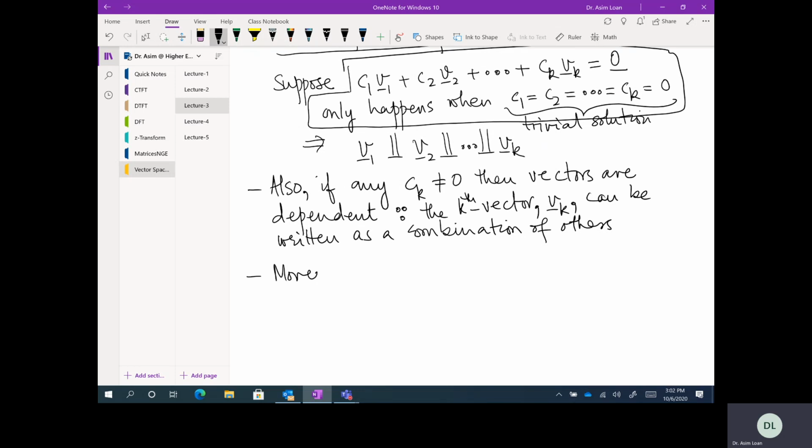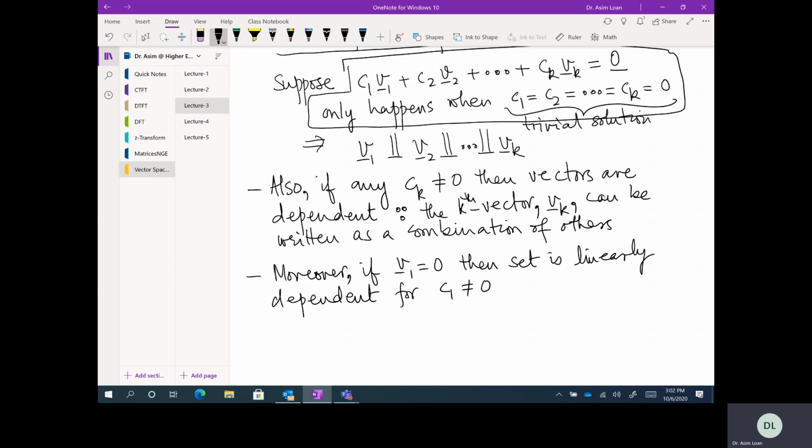Moreover, if one of the vectors is 0, if v1 equals 0, then the set is linearly dependent. Why? Because then c1 is not equal to 0 and the equation is still satisfied, so it is linearly dependent for c1 not equal to 0. Thus, a non-trivial solution exists.